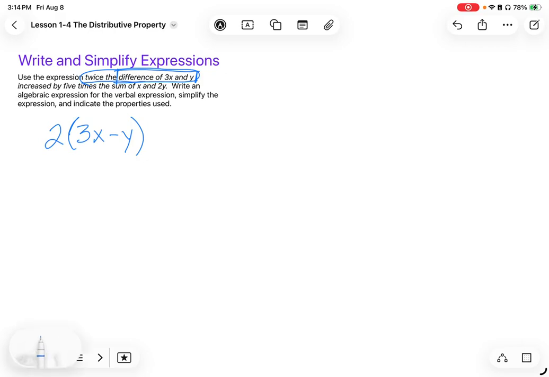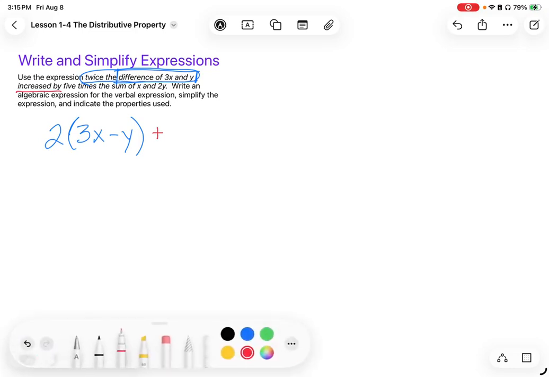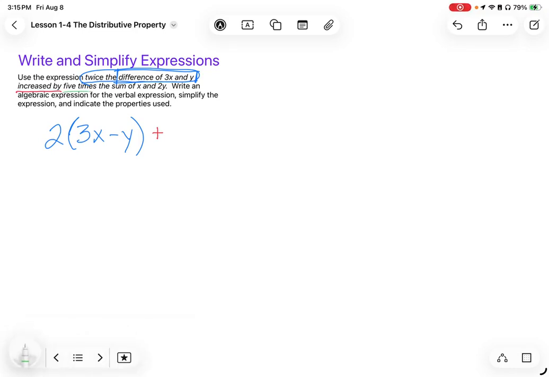Okay, great. So what does the next thing say? The next thing says increased by. So increased by means plus. And then let's look at the next thing. 5 times the sum of x and 2y. So sum of x and 2y, sum means add.